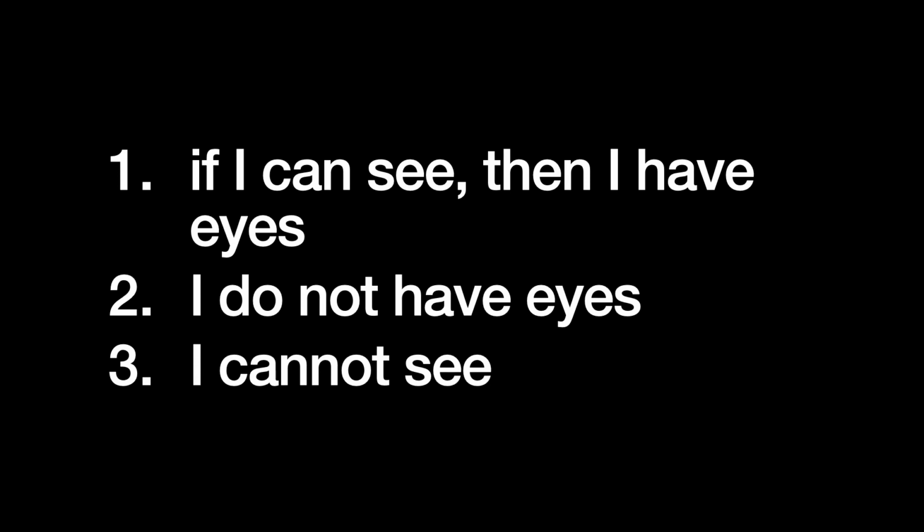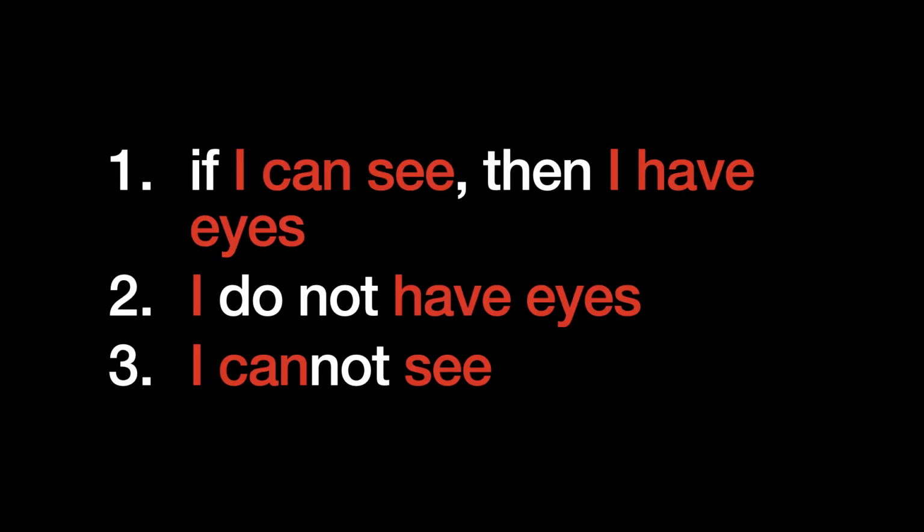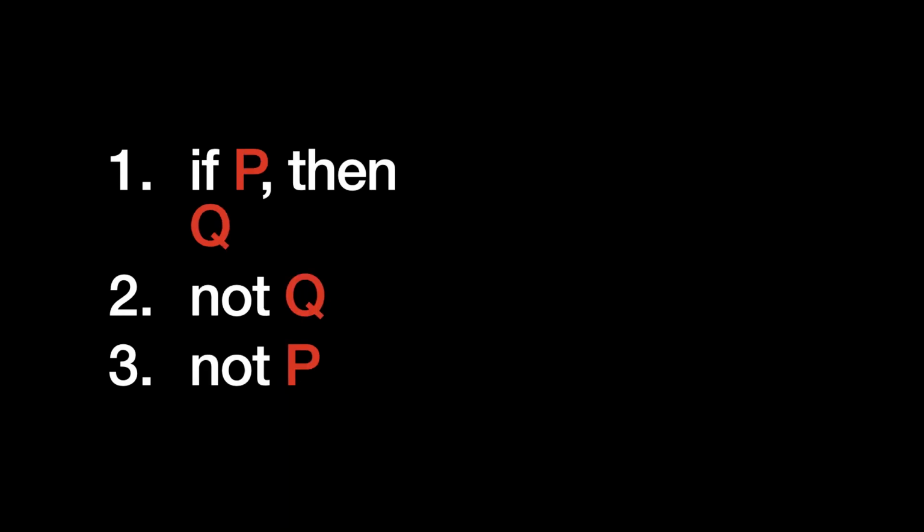Even more abstractly, formulate this in terms of propositional letters. So replace the sentences embedded in these statements with letters, and you will see the form of the argument. So the argument takes the following form: if P, then Q, where P and Q stand for these specific sentences, I can see and I have eyes.